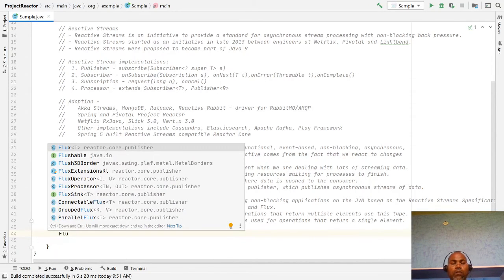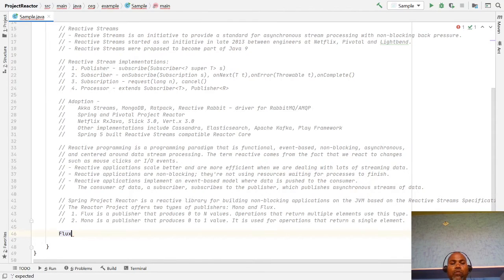You can download the Project Reactor library from Maven and add it to your IDE plugin. Flux provides a list of utility methods through which you can publish data.